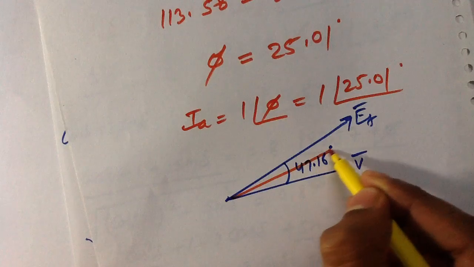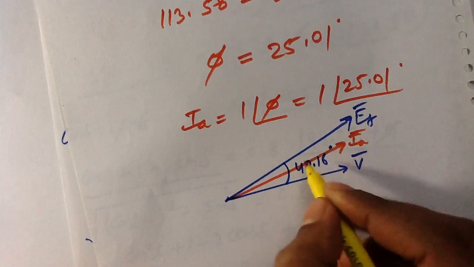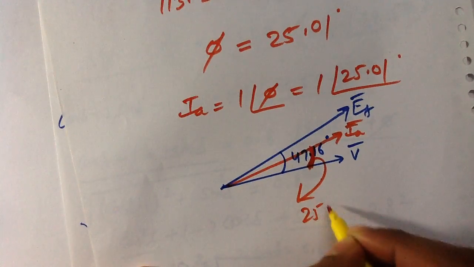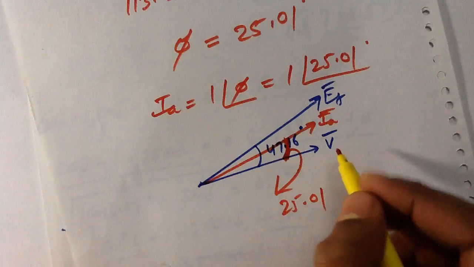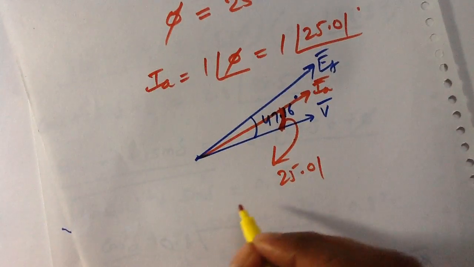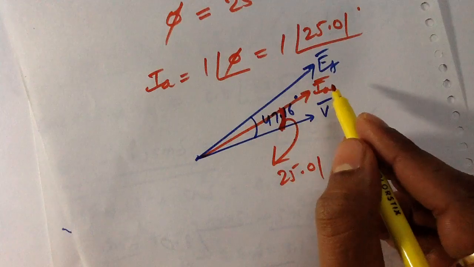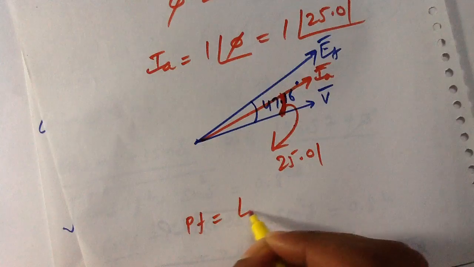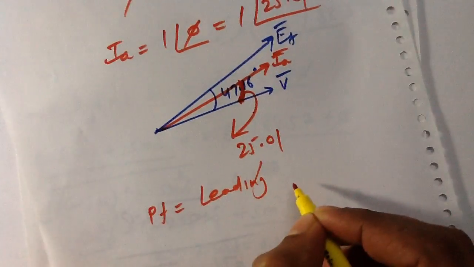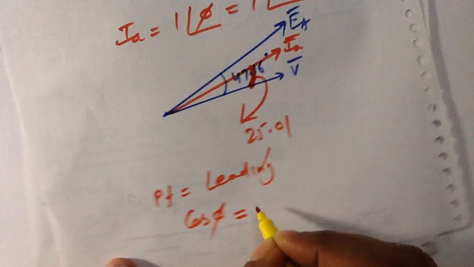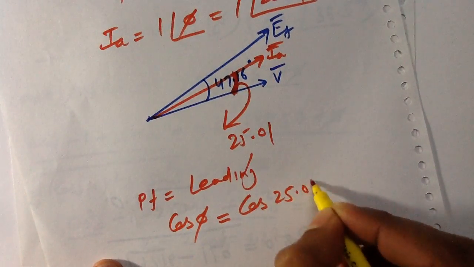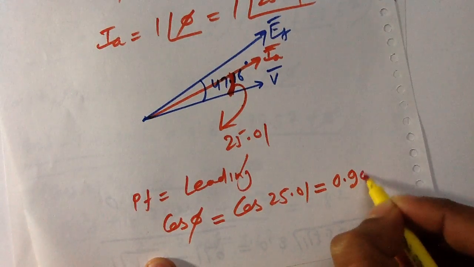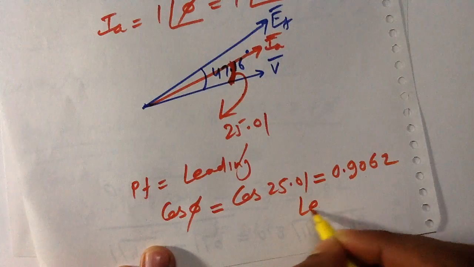This is the current IA, and this angle is 25.01. So easily you can see that IA, the armature current, is leading with respect to terminal voltage. So the power factor of this machine is leading, and the value of the power factor equals cos phi equals cos 25.01 equals 0.9062, and it is leading.